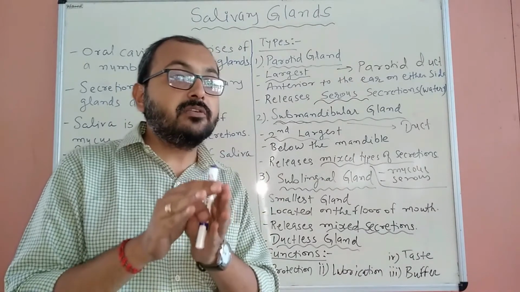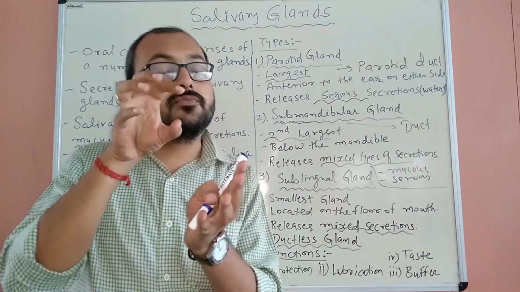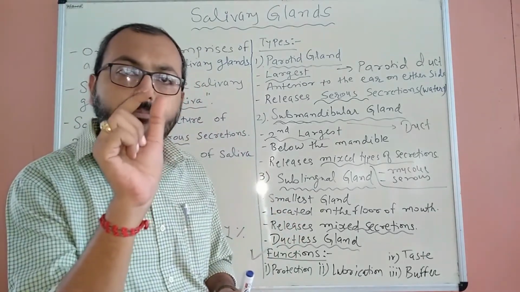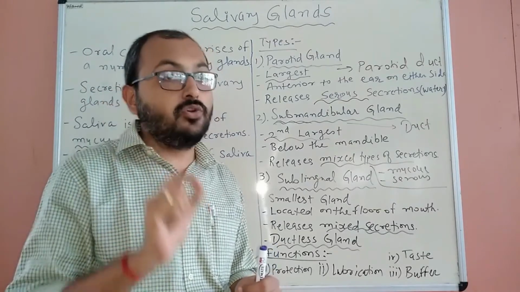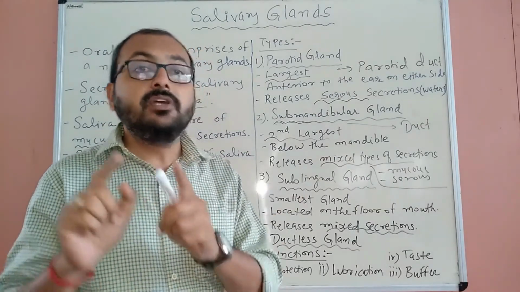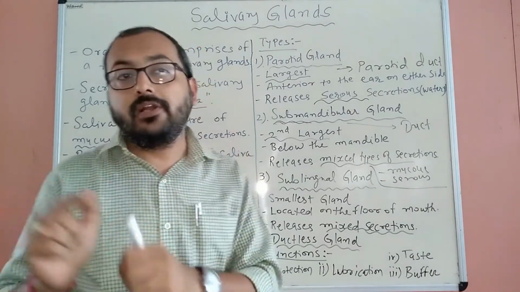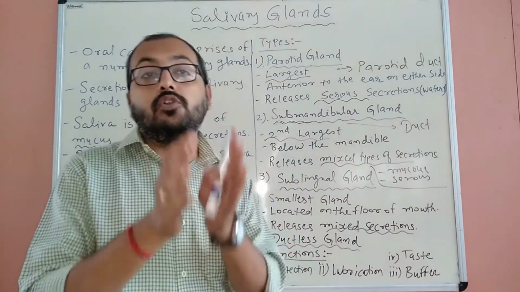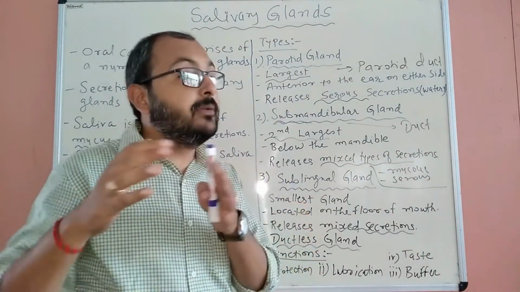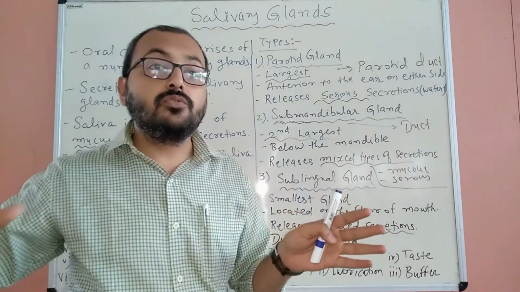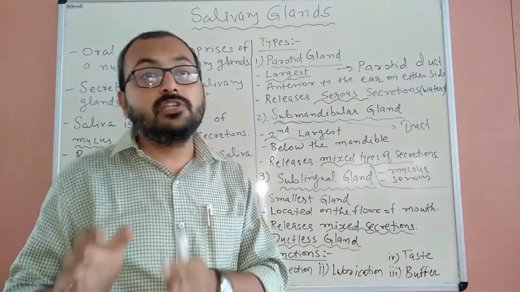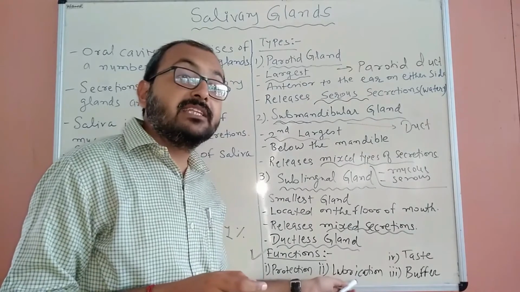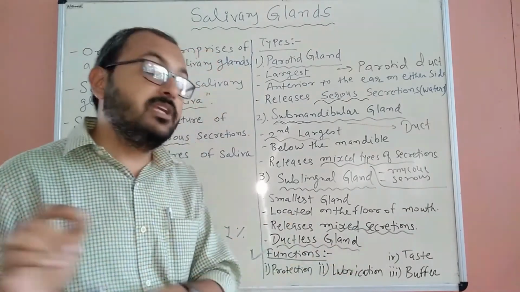This reduces direct contact of the food with the inner lining of the mouth, so that food particles with rough edges cannot damage the mucosa of the oral cavity. So it protects the inner lining as well as provides lubrication, and that lubrication helps the food reach the gastrointestinal tract or stomach. That is exactly swallowing, right? So this lubrication helps in easy swallowing of the food.